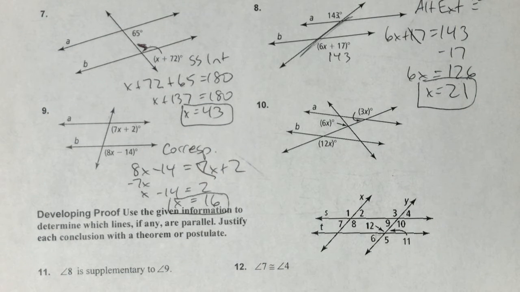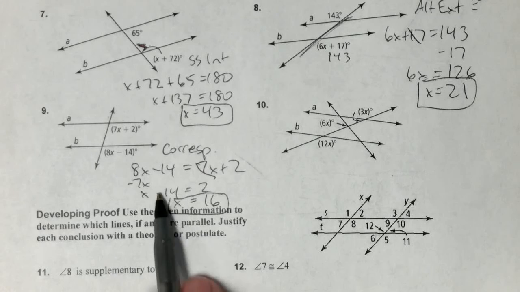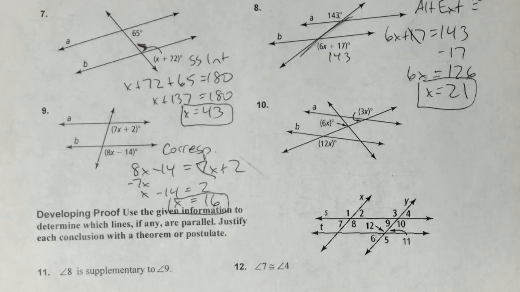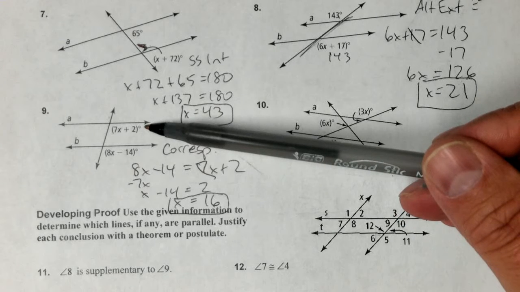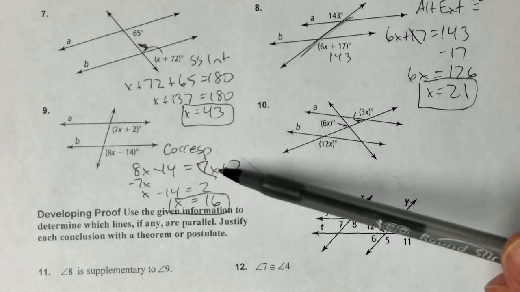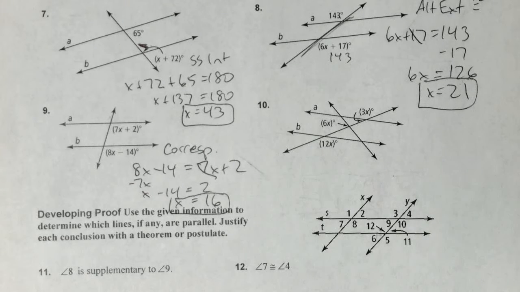And so then we end up adding 14 to both sides, and so we get 16. So what we start with is 8x minus 14 equals 7x plus 2. I subtract 7x from both sides, and then I add 14 to both sides.